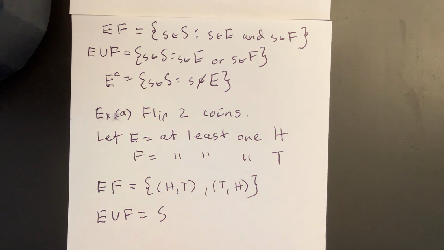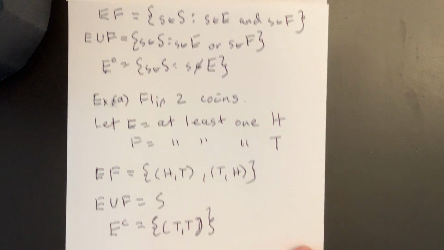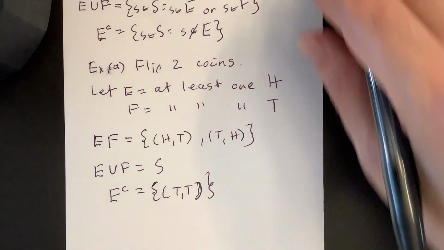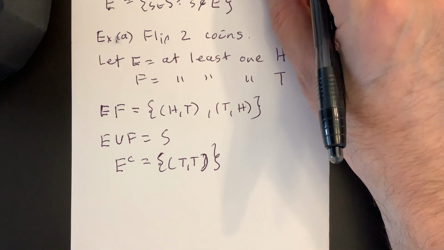Well, this is S, right? Everything is covered then. And finally, E^C. Well, this means no head. So this is a new one. So this is just the single outcome, TT. Okay. All right. I think you're familiar with this basic set stuff, but if not, now you know.